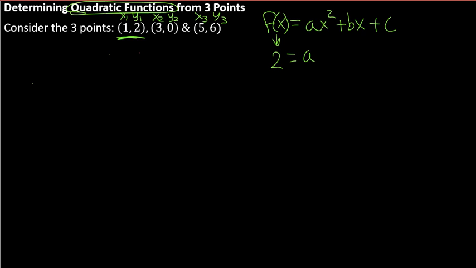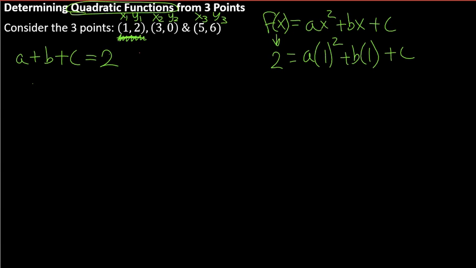Okay, a we don't know, but we know x is 1, right? And again, I'm doing this x1, y1, this first point. So x is 1 squared plus b times 1 plus c that is unknown. Okay, so that's going to give me a plus b plus c is equal to 2.